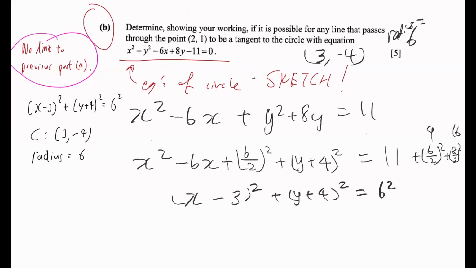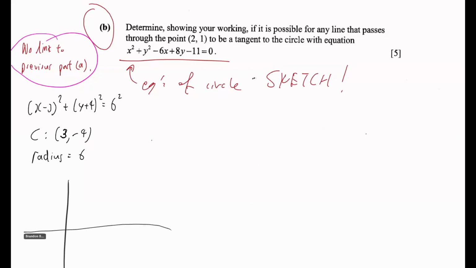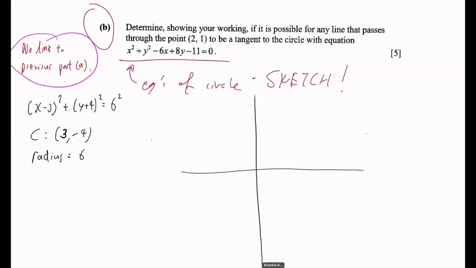I don't understand the question though. Okay, draw the circle first. Okay. Clear. 3, negative 4, center is like here.